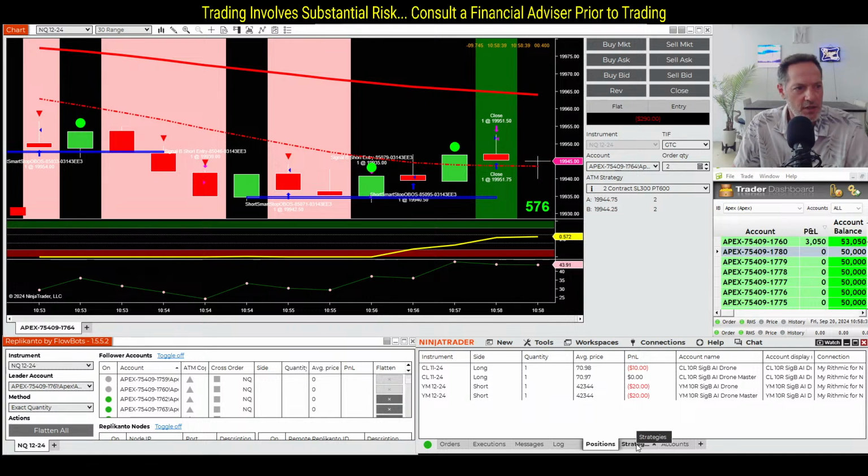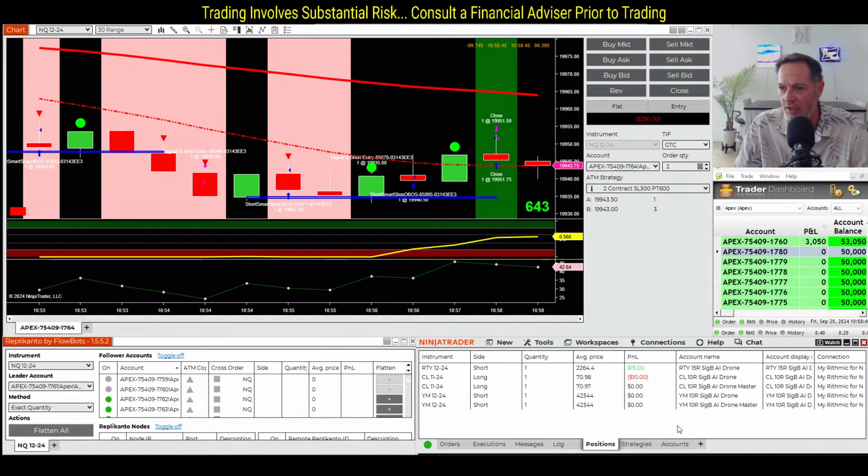All the markets are red today. Pullback after that bullish move yesterday. Woo, what a big move yesterday. That was fun to trade.